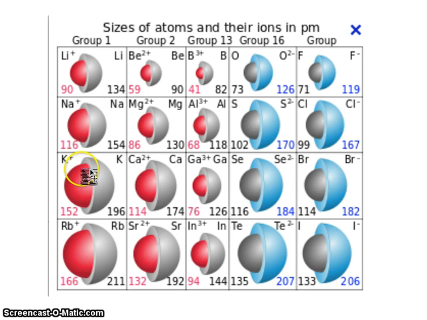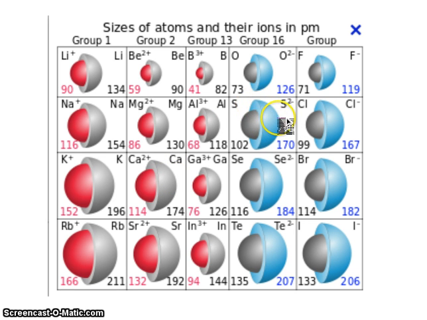And so really what we're seeing, like in K plus here, is one energy level smaller than in potassium by itself. Same thing in calcium 2 plus. We're seeing not just the fact that it has 2 fewer electrons, but it has one entire energy level smaller than calcium.